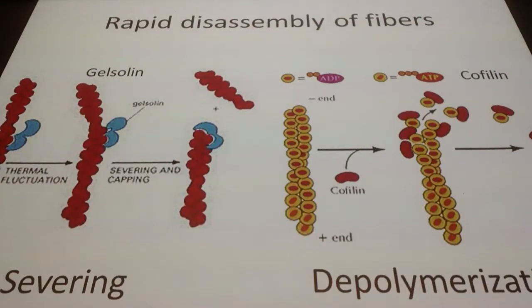And let's say there's a cap, and gelsolin will sever here, and chances are there's no ATP cap here, because the ATP had already been hydrolyzed into ADP. So guess what? Now this end is exposed. So if this end is exposed, then you're certain that either assembly or disassembly will occur. In this condition where there's no ATP cap, then certainly the condition does not favor assembly. But that doesn't mean that it favors disassembly either.